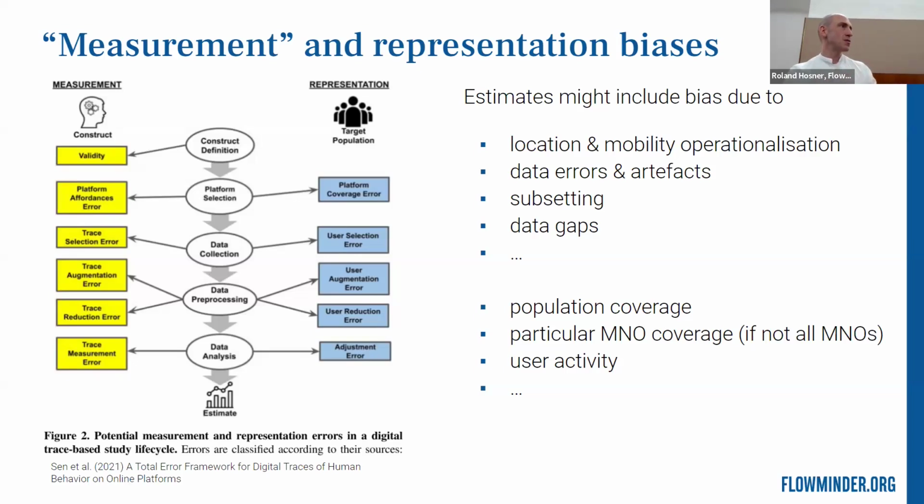Errors due to subsetting, so not all the IDs are used for every monthly statistic, but some are discarded. Data gaps can introduce errors. And obviously the population coverage of the phone-using population and of the particular MNO data that is used, and also user activity, can introduce a bias. So looking at this graph, you always feel that the accumulation of such biases can make the analysis very difficult, but of course the methodologists try to mitigate as much of these biases as possible.